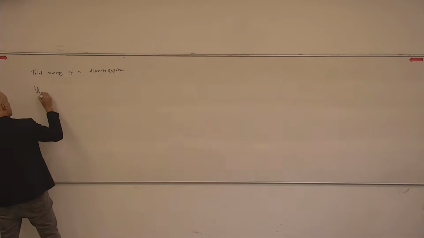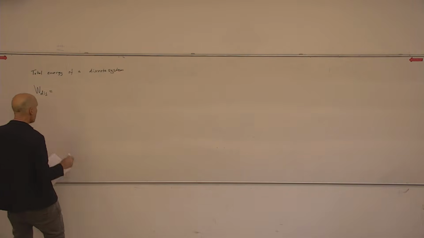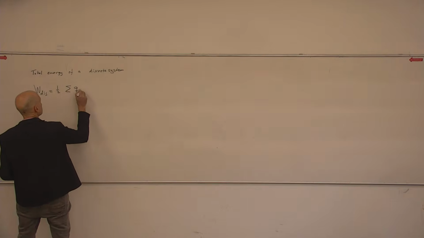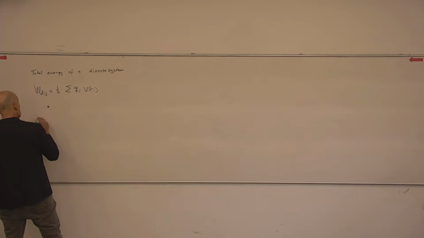So the claim is, and I'll soon show it, and possibly you know this, this is 1/2 sum over the Qi VRi. So I'm thinking about a system of charges. There's Q1, there's Q2, there's Q3, and there's Q4.